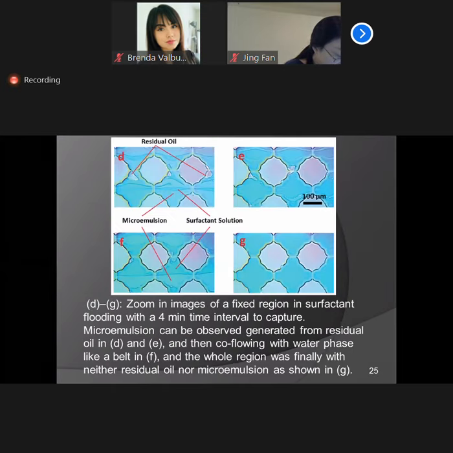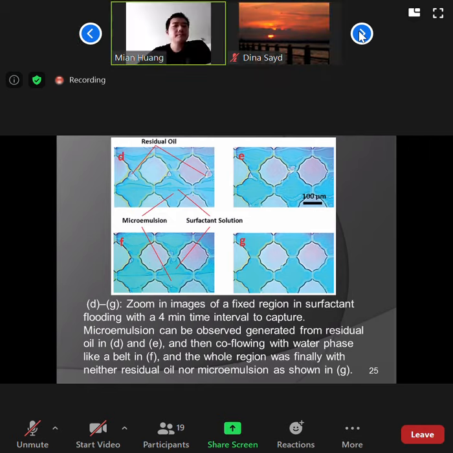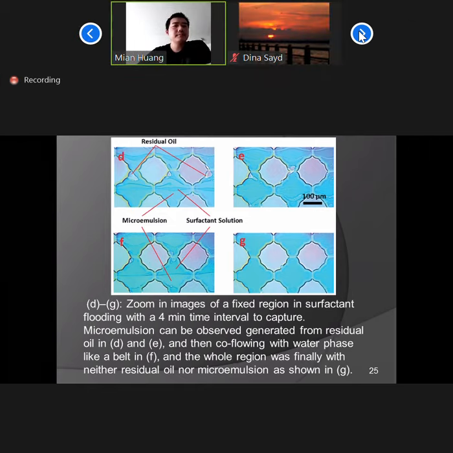Picture D to picture G is the zoomed image of a fixed region of surfactant flooding, captured at 4-minute time intervals.